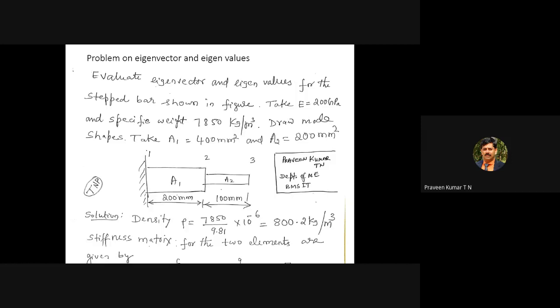Eigenvector is how the cantilever beam vibrates physically; when you see from the outside, we can see how exactly it vibrates. That is nothing but a vector. Then the frequency with which it vibrates we cannot observe; we require some machines. That frequency, or omega, the natural frequency of the system, is given by the eigenvalue.